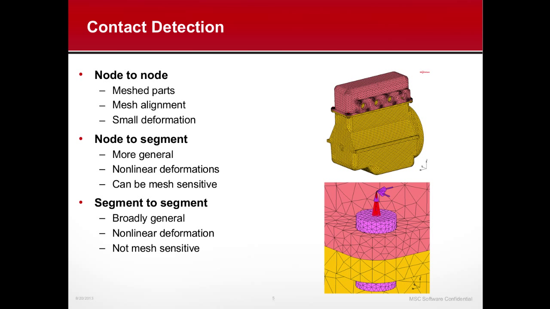And although it does require a bit more computational resources, you would get more accurate results. And this method is not mesh sensitive, and so you can also sometimes save the amount of effort on iterating of the meshes.